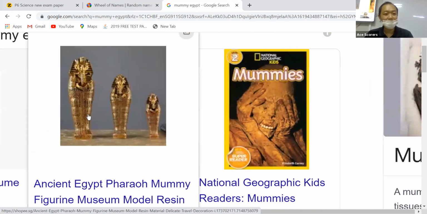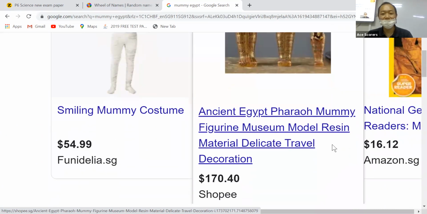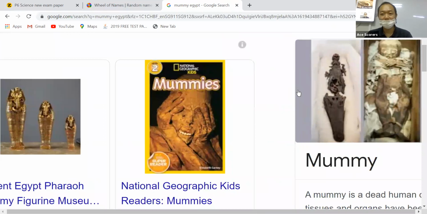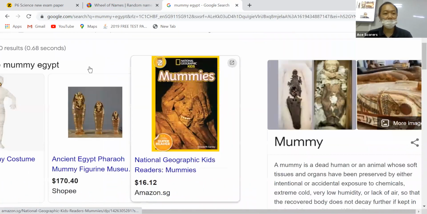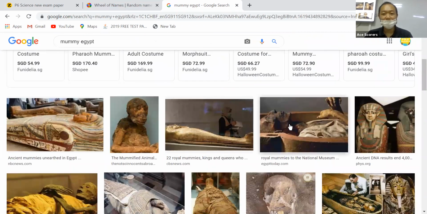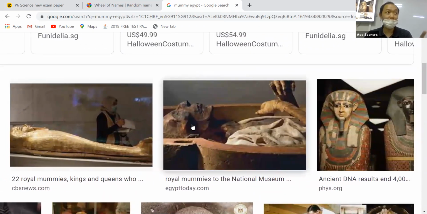Images, these images. Why is the last one so short? I don't know. Why did it cost $470? I have no idea. Oh, yeah, this is a fake one. So these are the real stuff, right? You see the skin and everything is still there because got a lot of chili inside. Chili, spices, pepper, salt, whatever, but no brain.